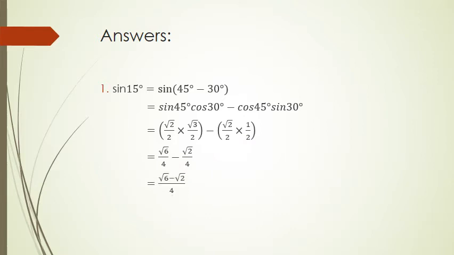And putting everything under one denominator, since 4 is a common denominator, this is equal to root 6 minus root 2 all over 4. And as I indicated in the example, this can be written quarter into root 6 minus root 2. Unless you are required to show that this is equal to that, you can stop here, it's still okay.